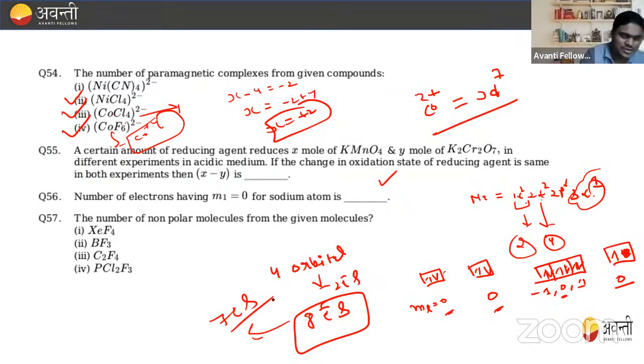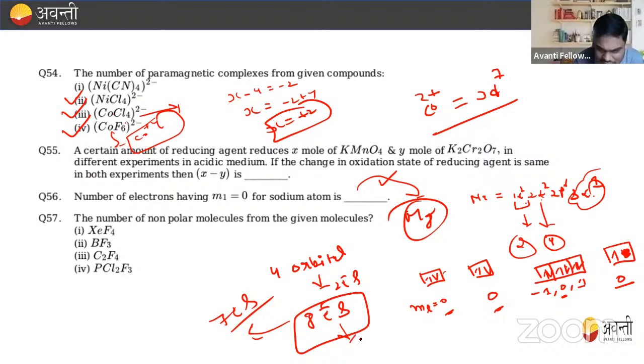This is a very important question, and many students face problems in this type of question. Even though the question is not too hard, it consists of some small steps. If the concept is not clear, students are not able to solve it. Similarly, for the magnesium atom you have to calculate the number of electrons having Ml equal to 0, and it comes out to be 8.